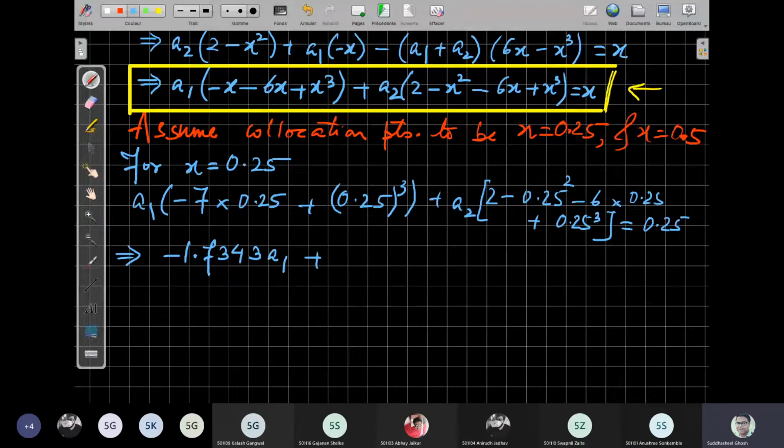Okay, plus A2 into how much? 0.4531, equal to 0.25. Is it okay? So we will put this as equation number 7.